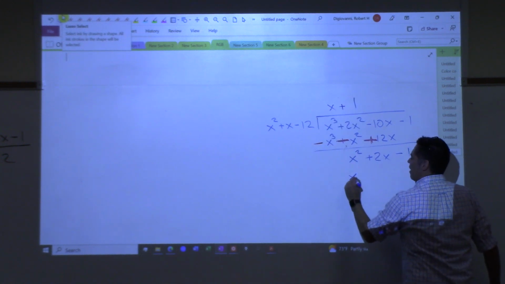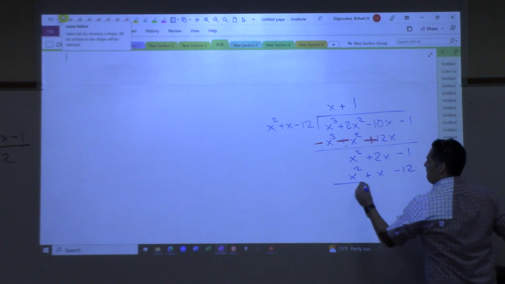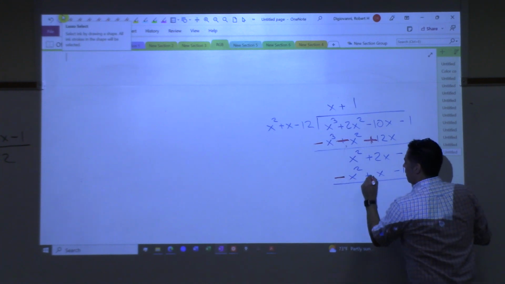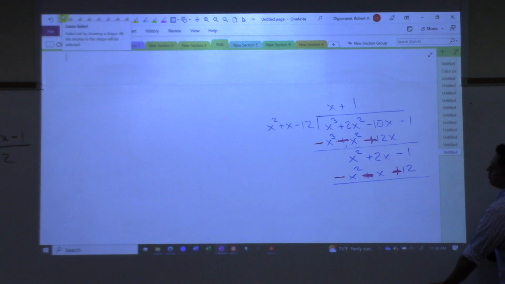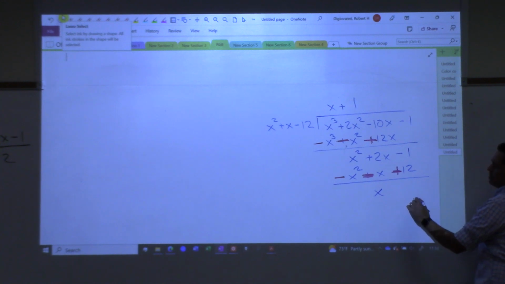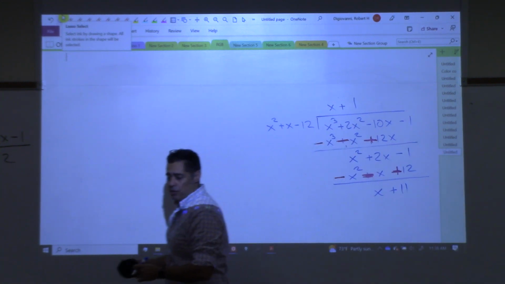Then multiply 1 through all of those. Subtract. And then add down, you should just get x plus 11. There we go. So that's my remainder.